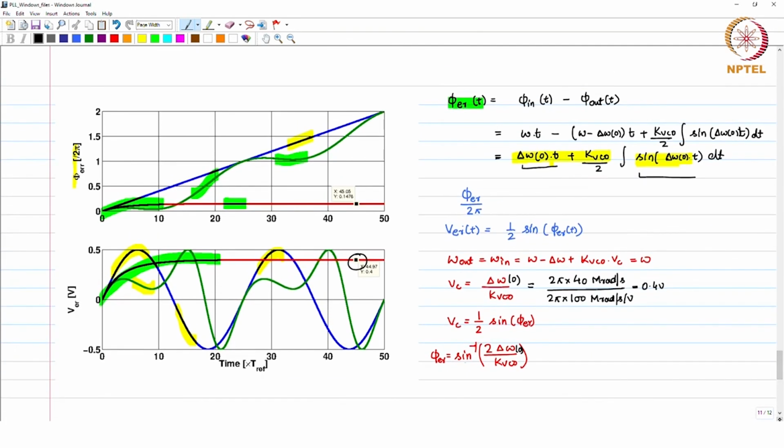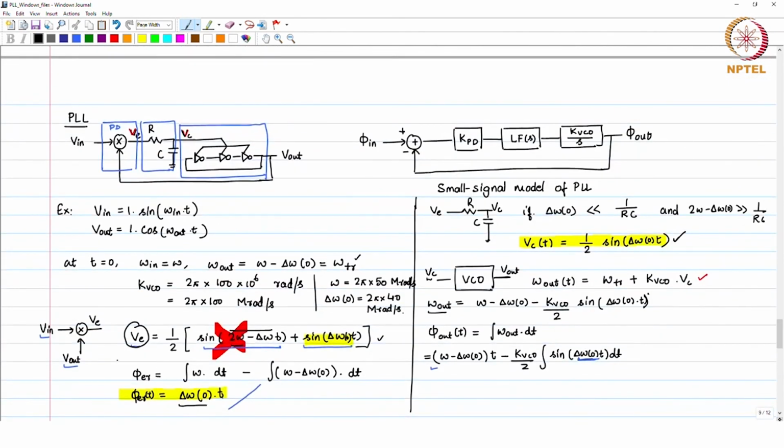Okay. Now, this particular phase error happens to be the sine inverse, you can calculate with respect to this value, and you will find that phase error by 2 pi is 0.1476. Okay. Here k VCO is 2 pi into 100 into 10 power 6 radians per second per volt, this is mega radian per second per volt.